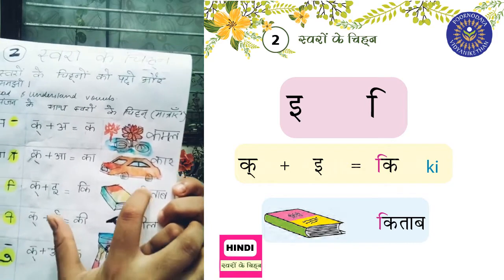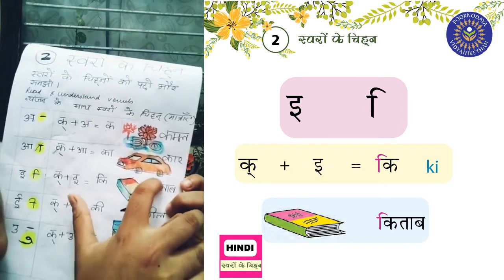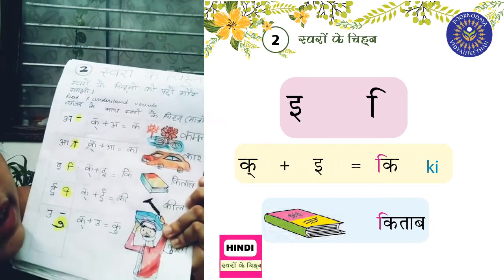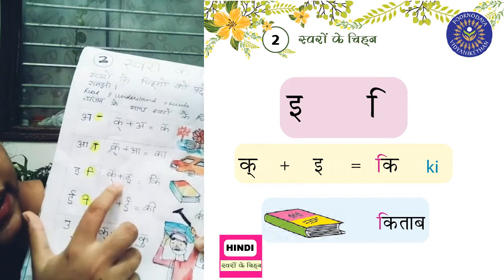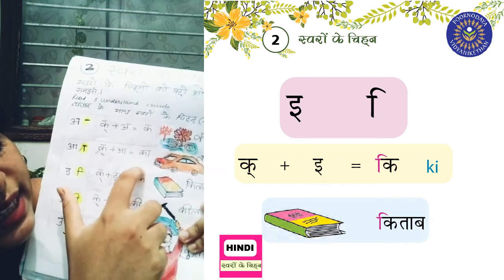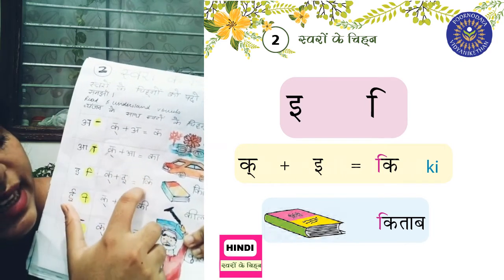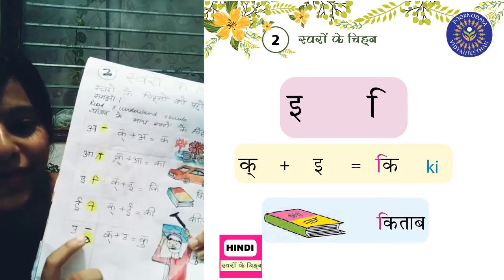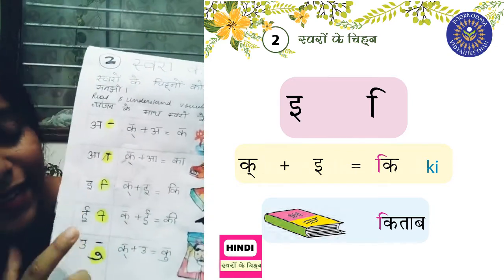You see in kitab the small e matra is on the left side. So when you combine the vyanjan letter with small e matra, ki is formed.